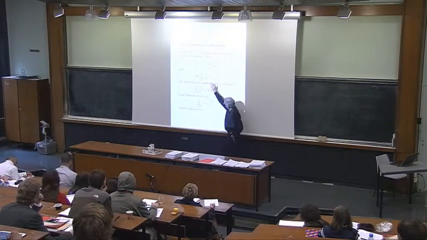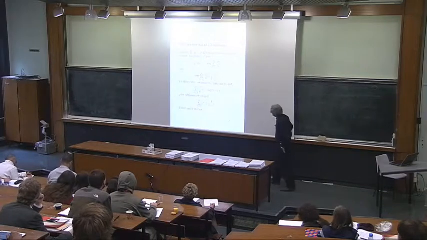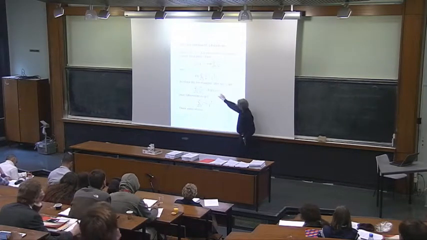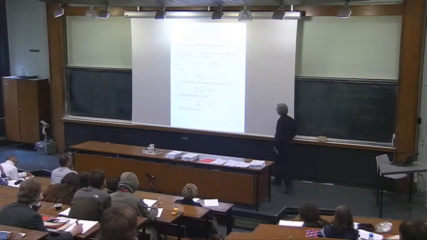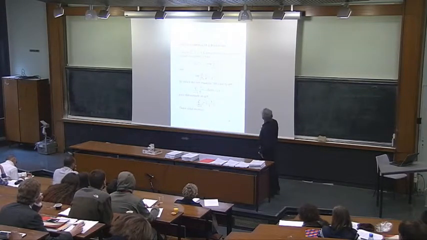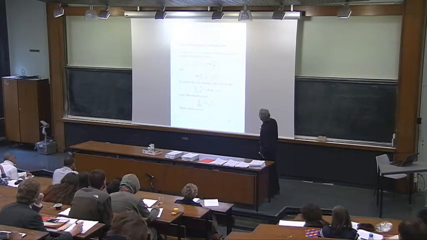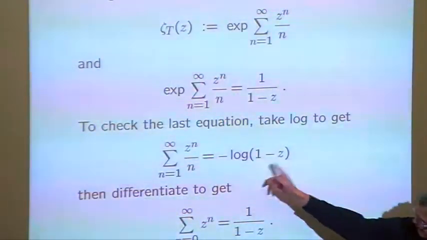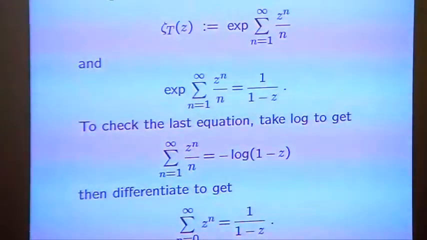Let's take the log of both sides. So we erase the exponential on the right side, and on the left side we have the log of 1 over 1 minus z, which is minus the log of 1 minus z, of course.